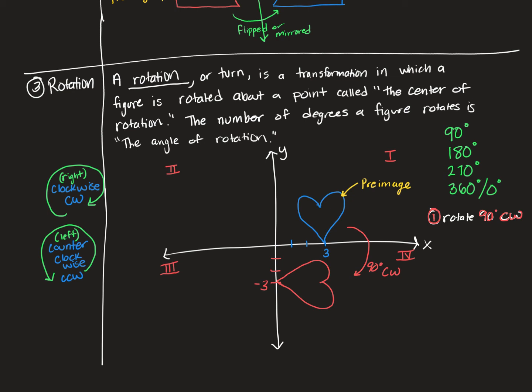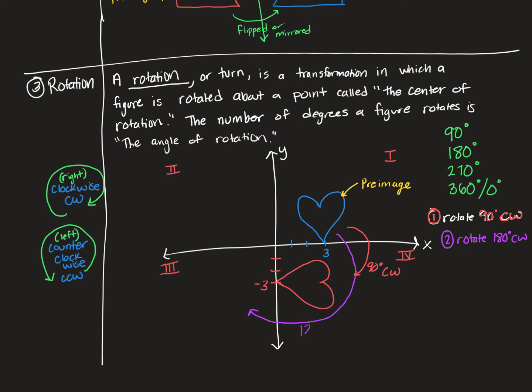Now, if I were going to rotate this shape, my pre-image, by 180 degrees, so rotate 180 degrees clockwise, that would mean I'm in the third quadrant.